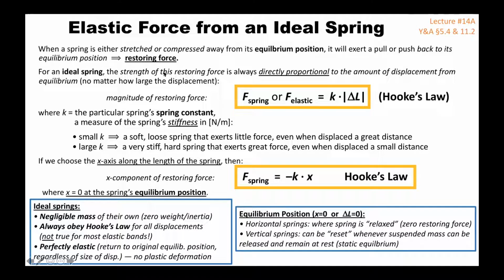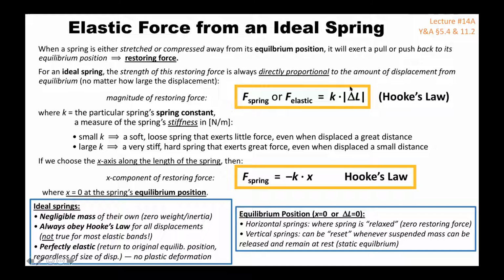The strength of this restoring force that an ideal spring exerts is given by Hooke's law here, which I've written in two different forms, but they say the same thing. Hooke's law is special because it shows us that the amount of force is directly proportional to the amount of displacement.